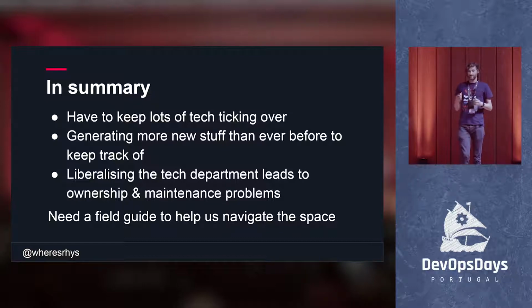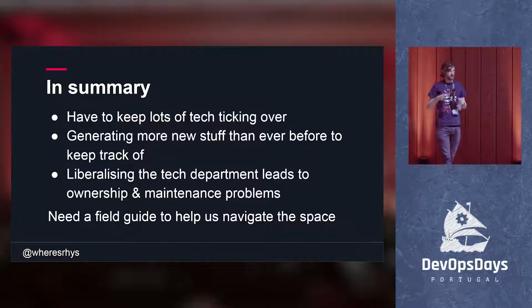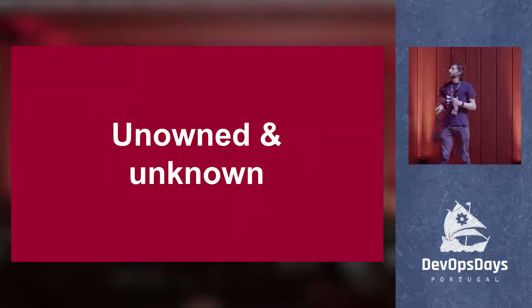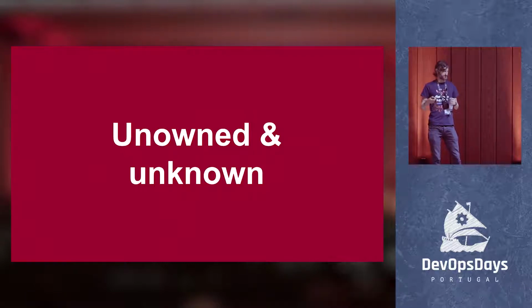So the reason we need a field guide is to help us navigate all this legacy tech. And what we're trying to go away from is things being unowned and unknown to being owned and known.